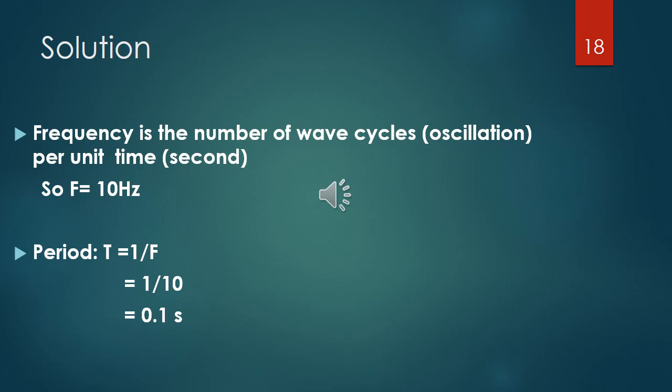According to the definition of frequency, which is the number of cycles in 1 second, we have 10 cycles in 1 second, so f equals 10 hertz. While the period is 1 over f, so it's 1 over 10, equals 0.1 second.